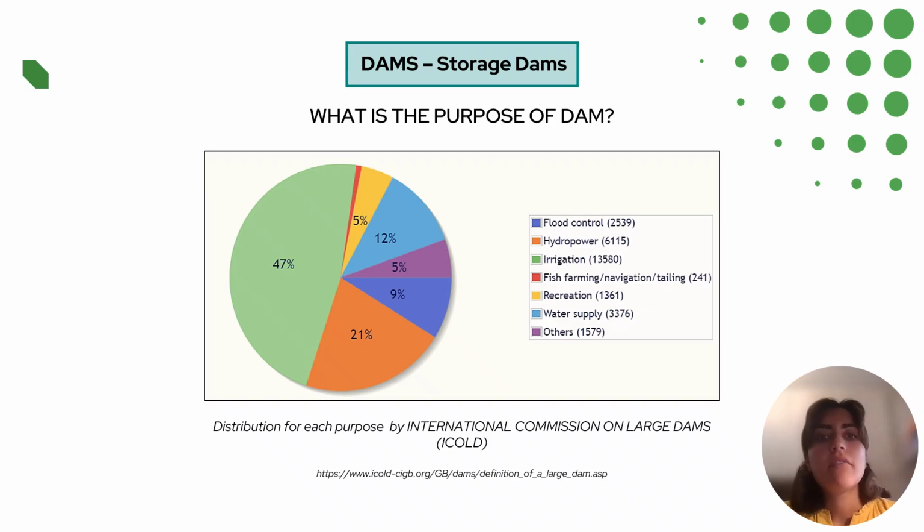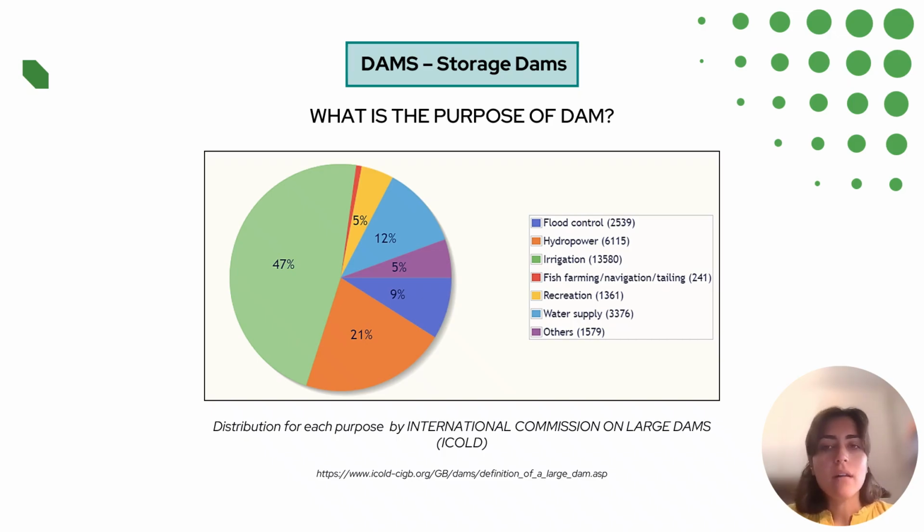To better understand the real role of dams worldwide, let's look at this chart provided by the International Commission on Large Dams. It shows the distribution of purposes for which dams are built. We can clearly see that irrigation is by far the most common purpose, accounting for almost half of all dams, 47%.